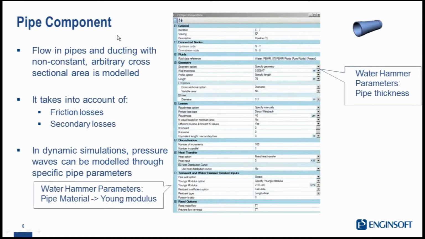For example, for the pipe component, you are able to fill in the information about the geometry of the pipe, especially the wall thickness, the length, the internal diameter, and the information about the material of the pipe, so the Young modulus. All this information allows the calculation of the overpressure.